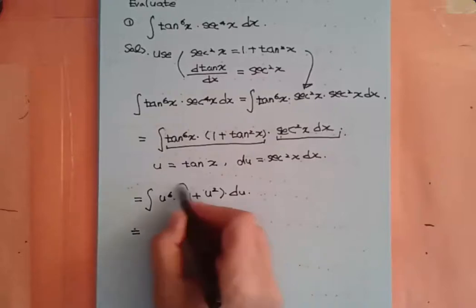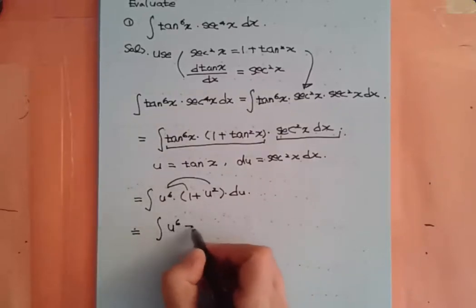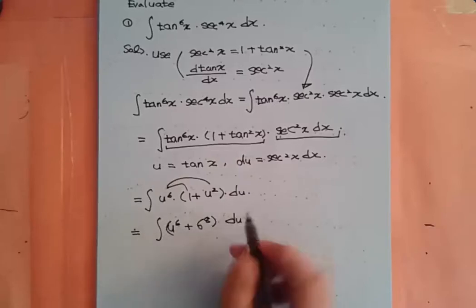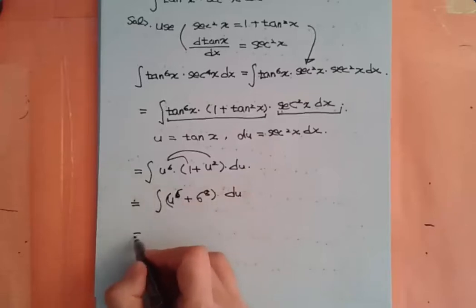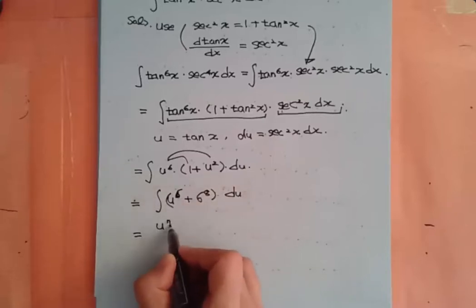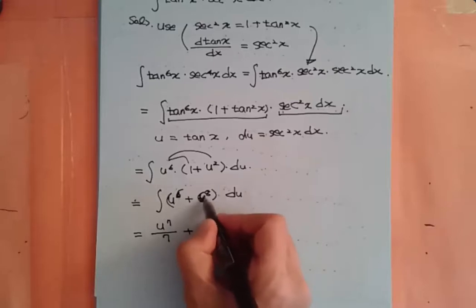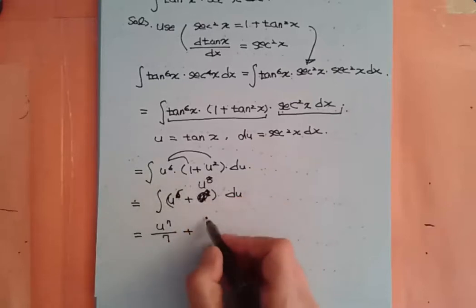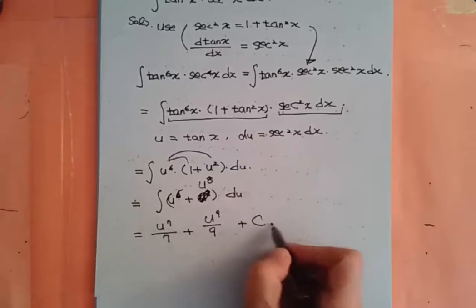So we do the integration of u to the 6th power plus u to the 8th power du. That becomes u to the 7th power over 7 plus u to the 9th power over 9 plus c.